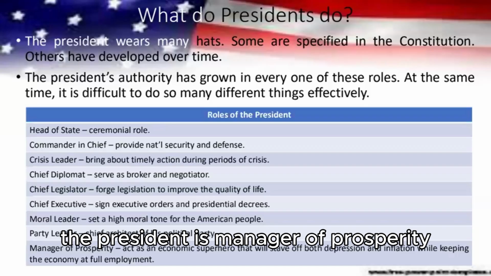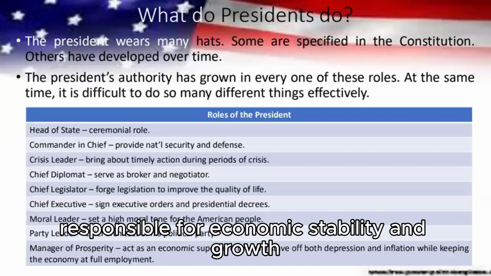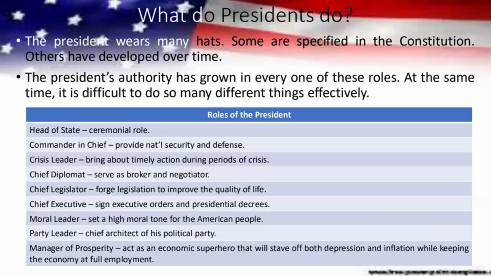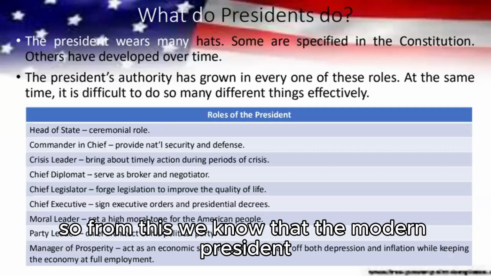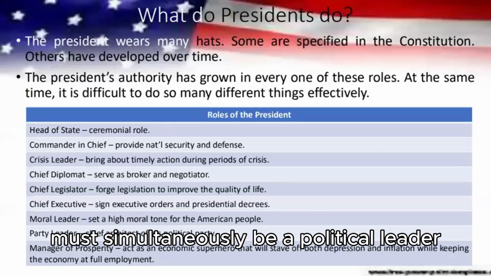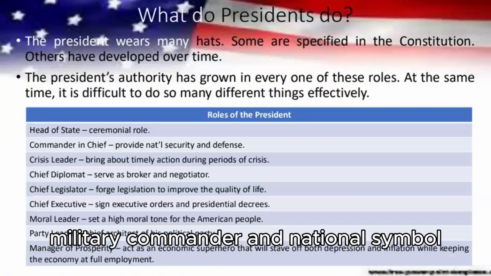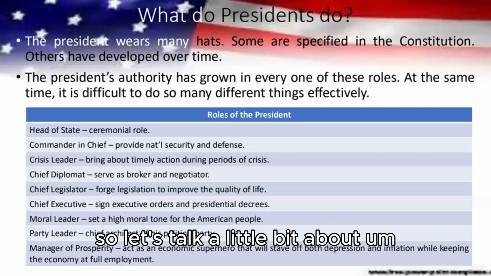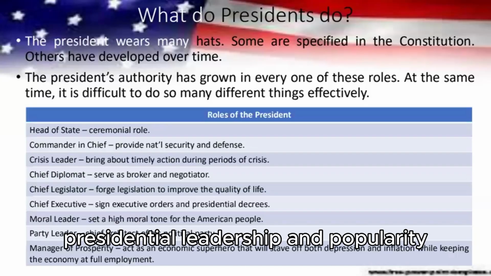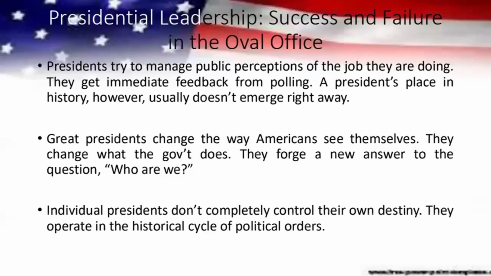The president is manager of prosperity, responsible for economic stability and growth. So from this, we know that the modern president must simultaneously be a political leader, administrator, diplomat, military commander, and national symbol.